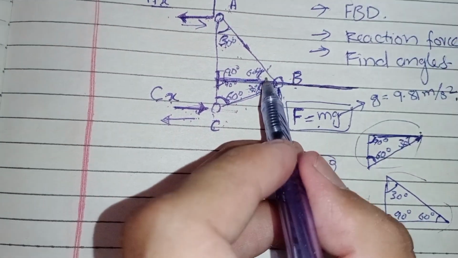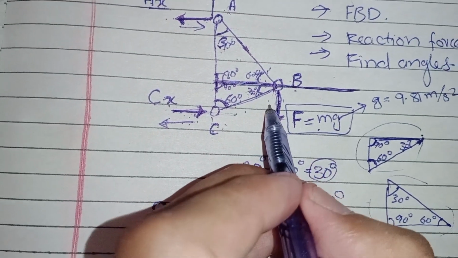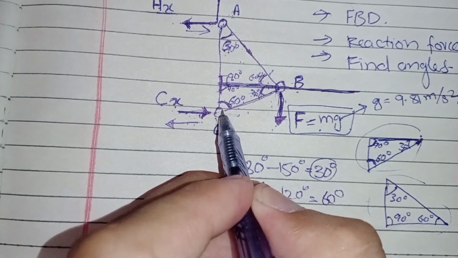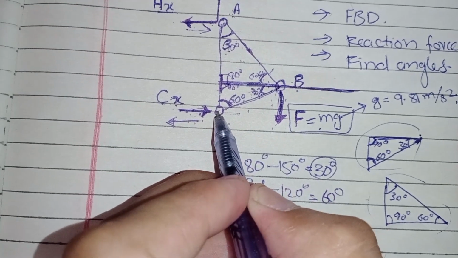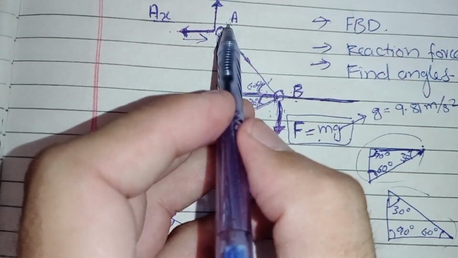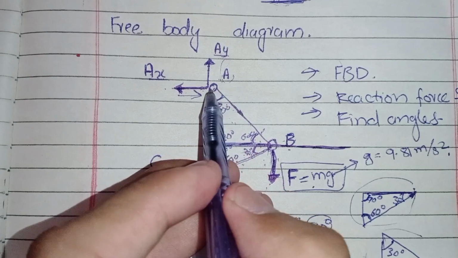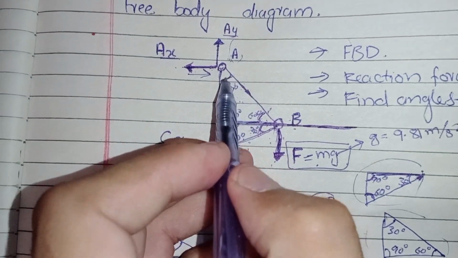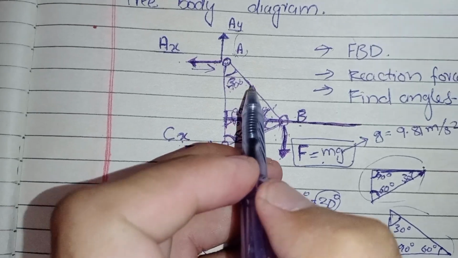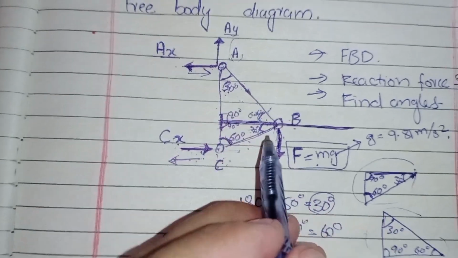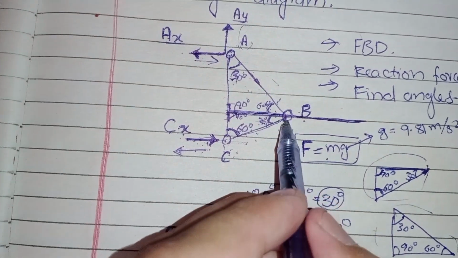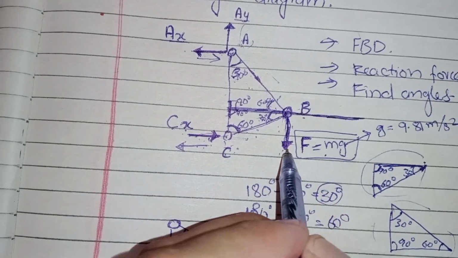That's why we take this joint. If we take this joint, there is no known force. It will be difficult for us to find the force in members CA and CB. And also, if we take joint A, there is no known force. It will be very difficult to find the forces in members AB and AC. That is why first of all we take joint B.